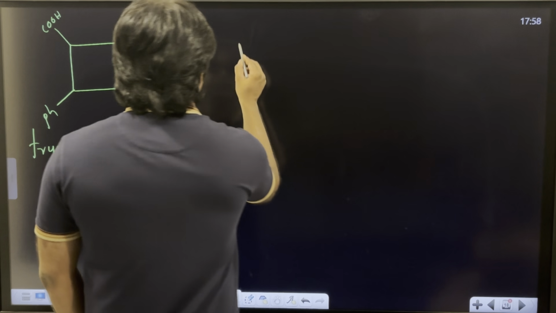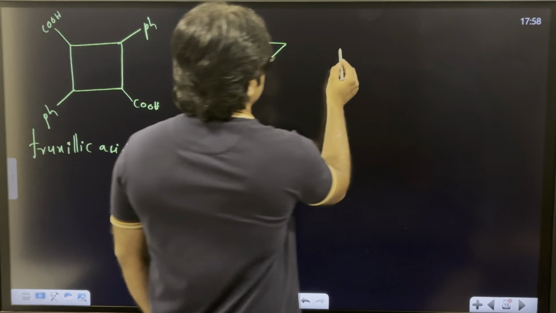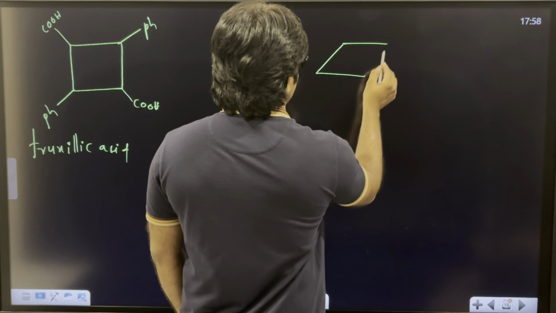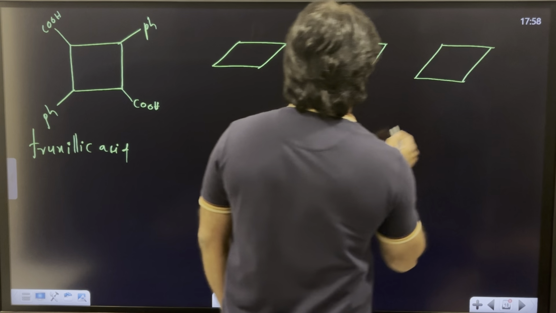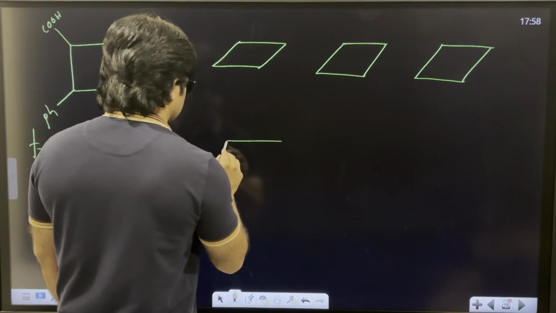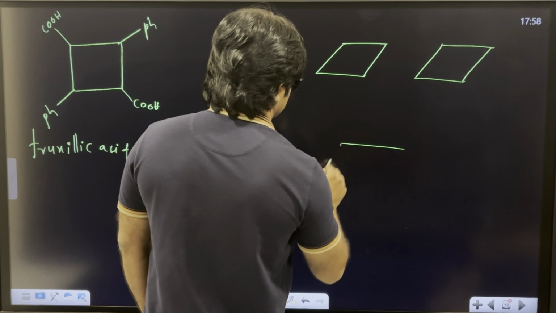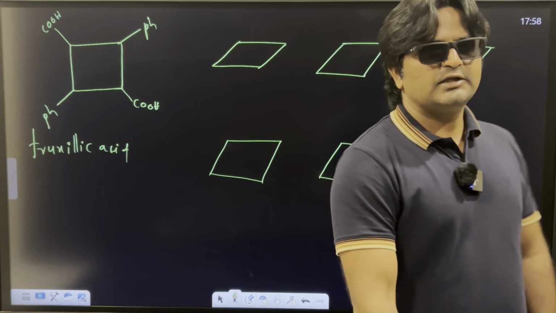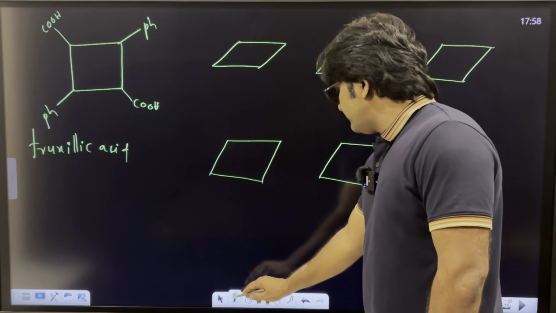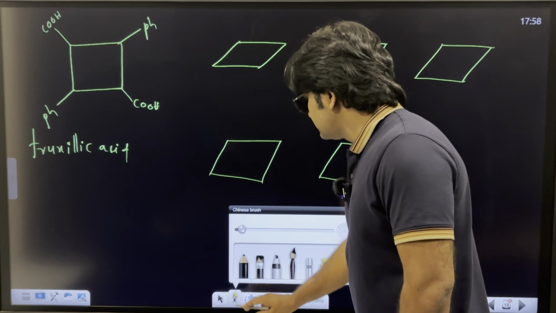Now I am going to take 4-membered rings like this. Clear? These are the molecules. Then try to arrange the corresponding groups.